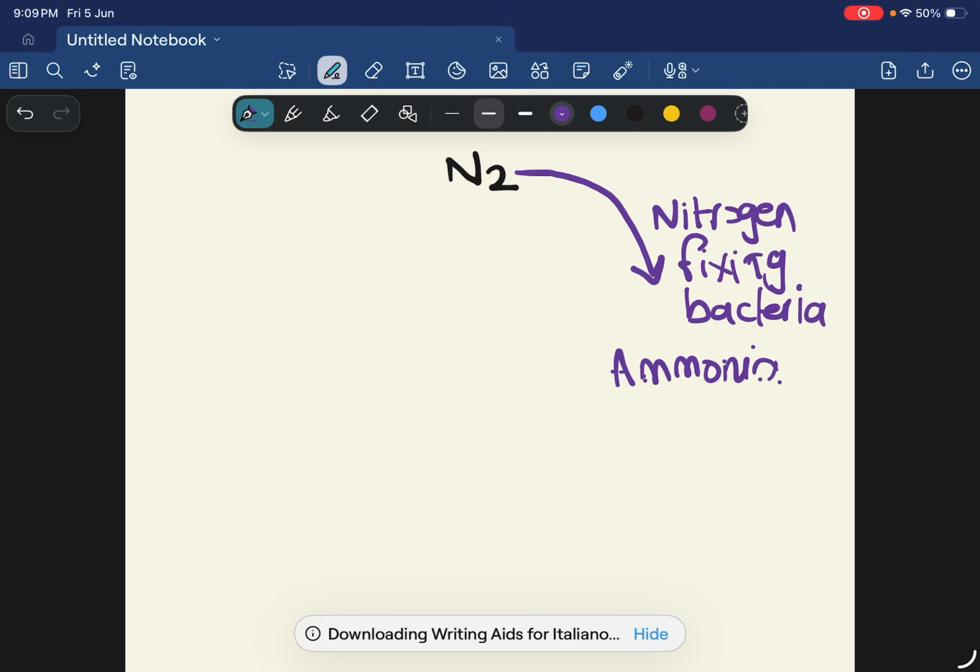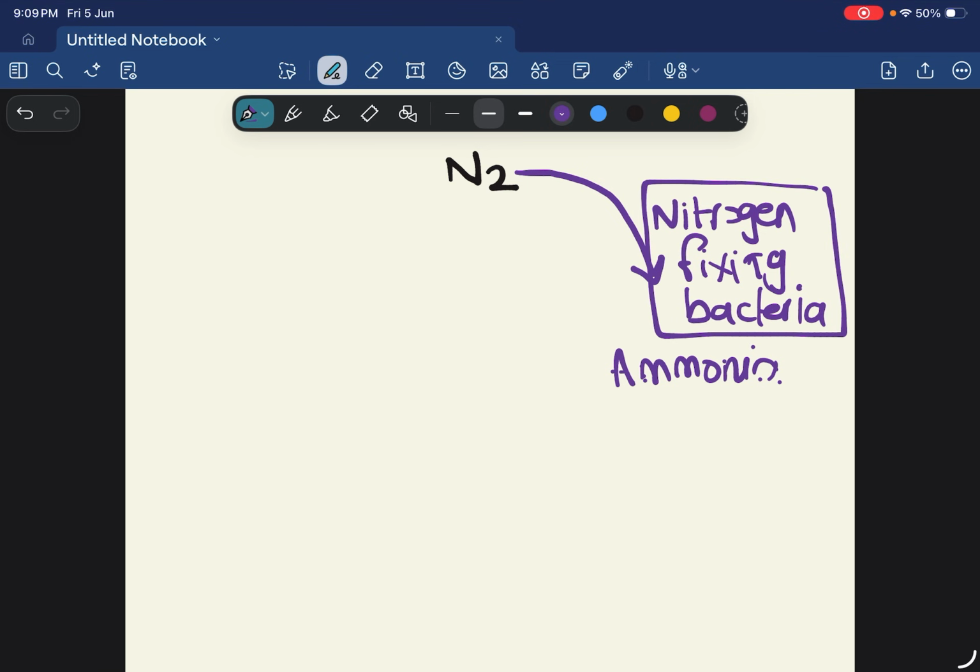So the first step in the nitrogen cycle is done by nitrogen fixing bacteria when they convert nitrogen as N2 from the atmosphere into ammonia. Another way for nitrogen fixation is by lightning, I'll explain this later.